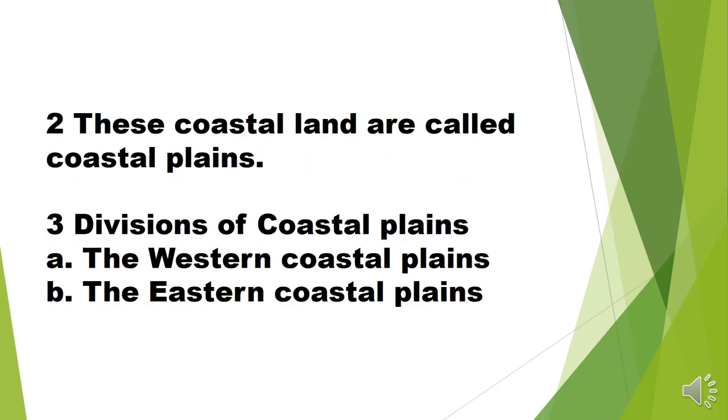This coastal land is called the coastal plain, and it is divided into two parts: the western coastal plain and the eastern coastal plain.